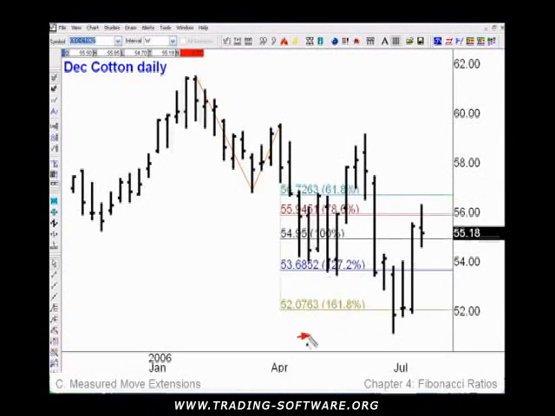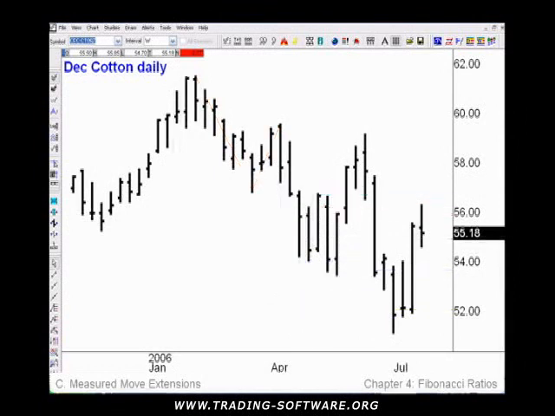The 161% measured move extension gave us that low. Now let's check out this measured move right here, and we'll focus on that low again. We start from here, down to here, up to here. Again, the 127% measured move extension hit that low right near where the bottom was.